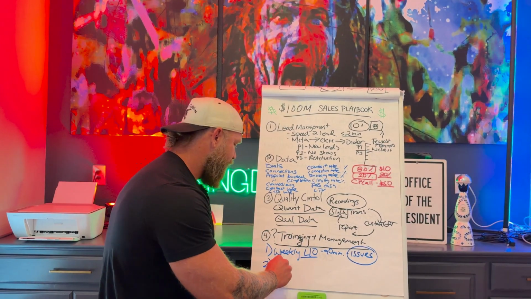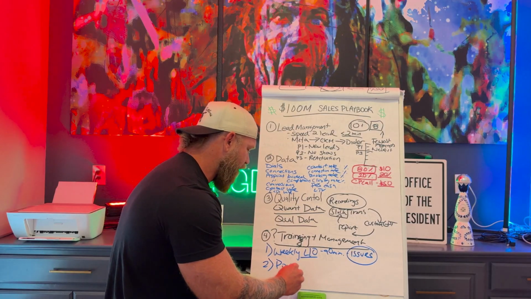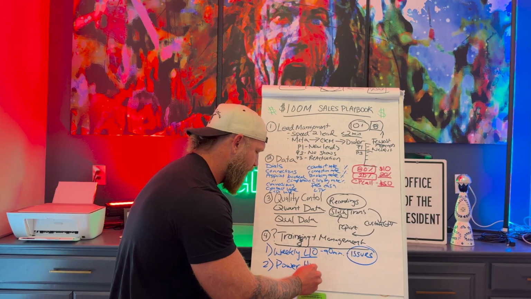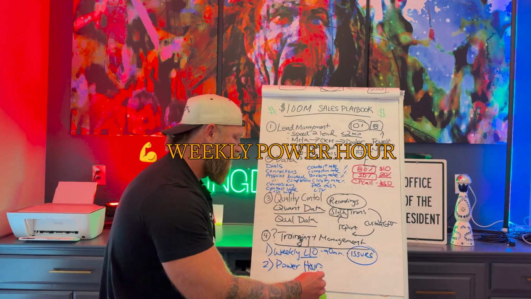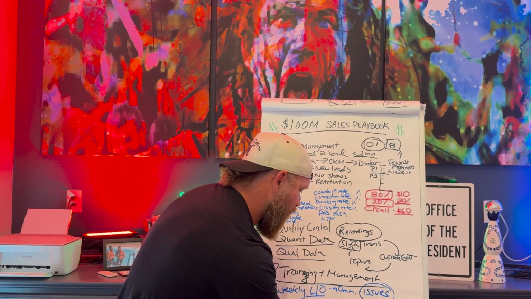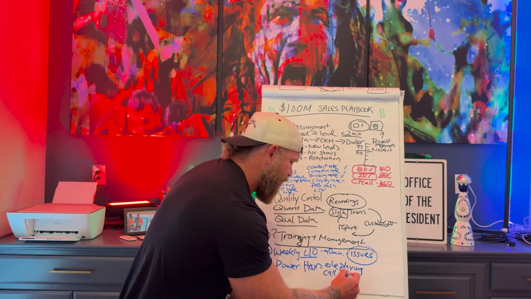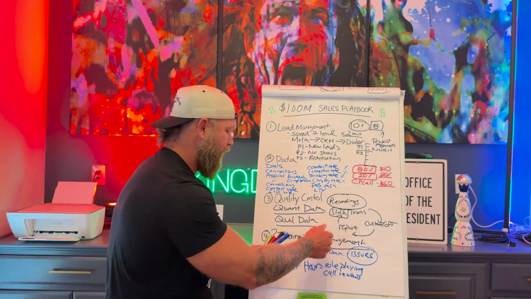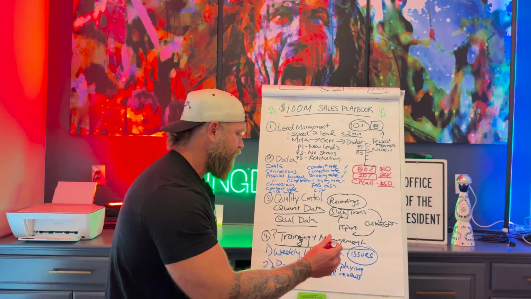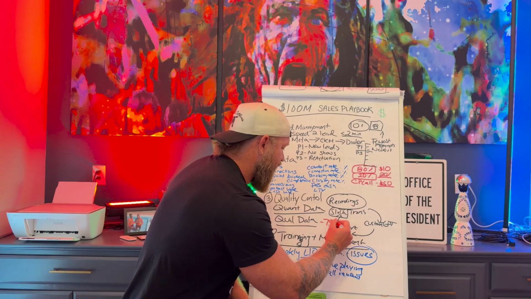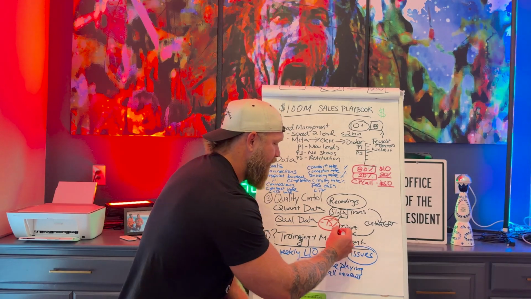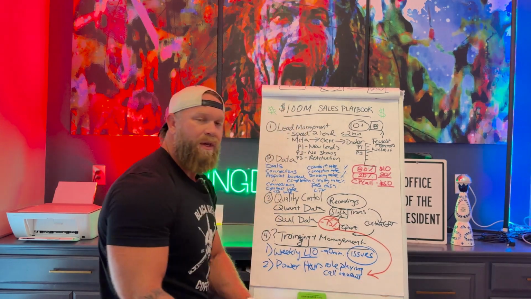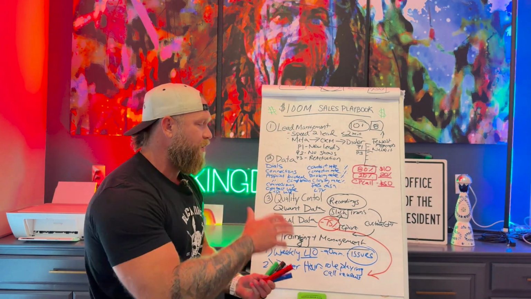But then you have a weekly, what I would call power hour. And your power hour is just your hardcore role-playing, call reviews, right? So let's say you had a score, right? And if a score drops below 75%, then these are ones that we're going to review on the power hour for the whole team.